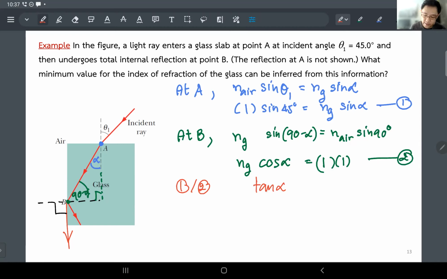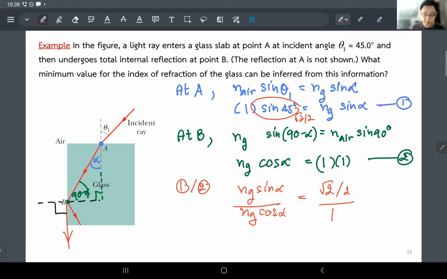Just to make sure everyone follows: n glass sine alpha over n glass cosine alpha is equal to sine 45, you can put 1 over root 2 or root 2 over 2, that's up to you, divided by 1. So tan alpha is root 2 over 2, and from here you should be able to figure out alpha using a calculator.